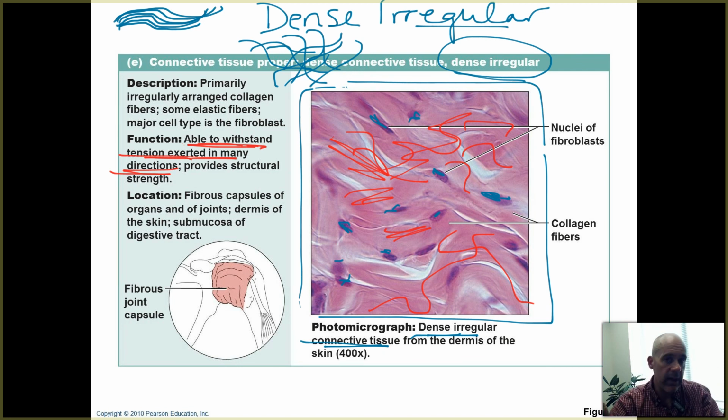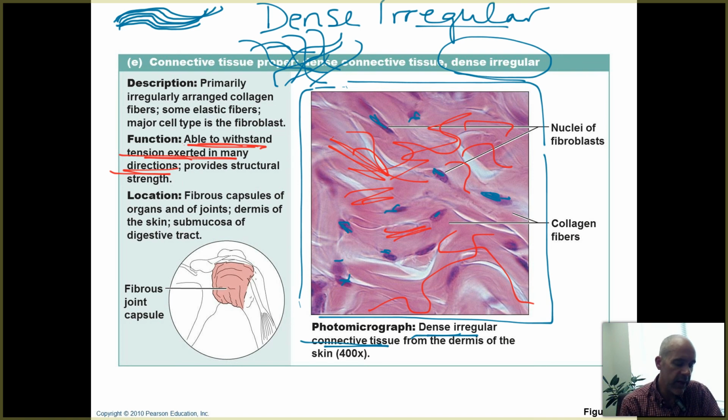In a tendon or a ligament where you have dense regular, that tends to resist pulling just in one direction, and that's all you need with those particular structures. And you do have other kinds of fibers in there as well. It's not just collagen. You've got elastic fibers in there too, because your skin is supposed to be elastic and rebound back into place when you pull on it.